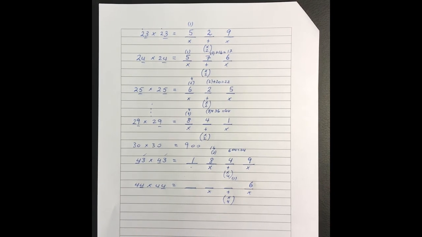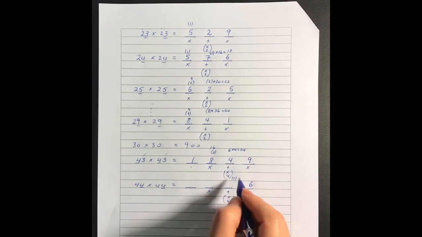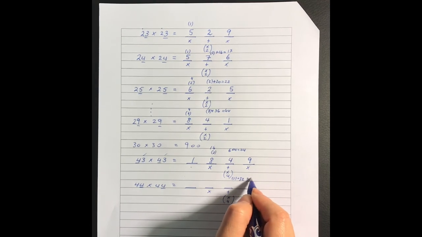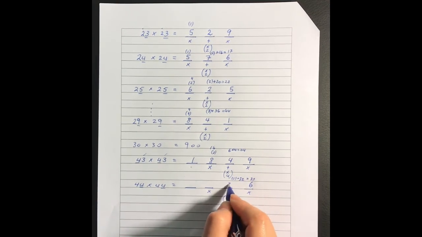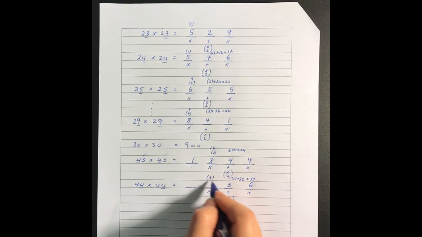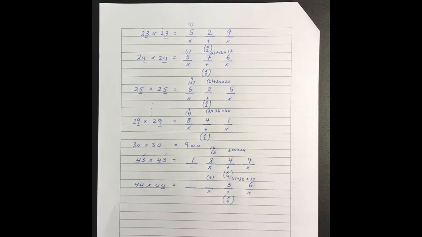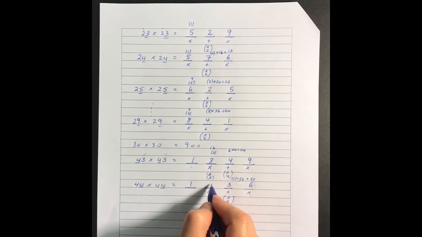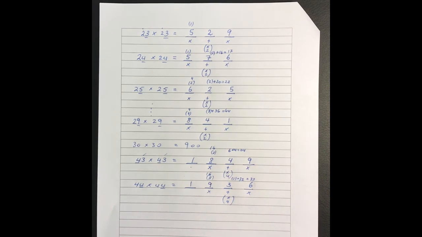But 8 times 4 is 32. And then we have to plus 1 that was before. So 33. So 3 down, 3 up. And then we do 4 times 4 is 16. So it's going to be 16 plus 3, 19. So the answer is 1,936.